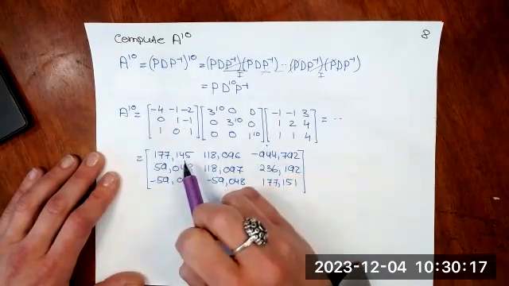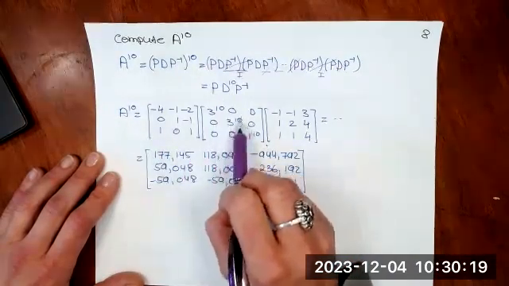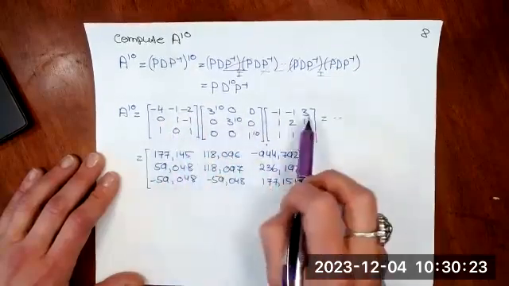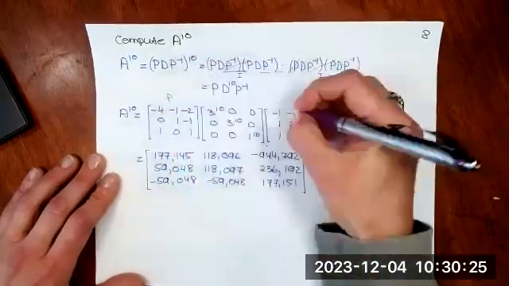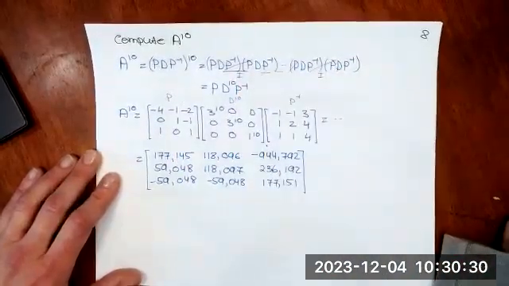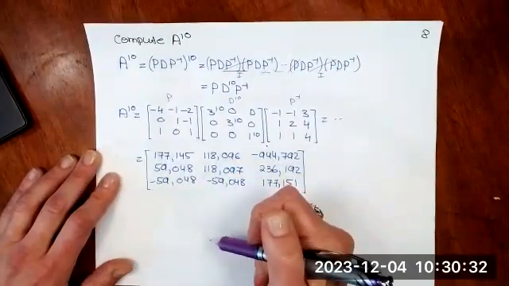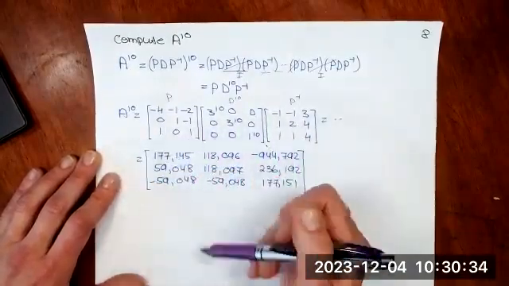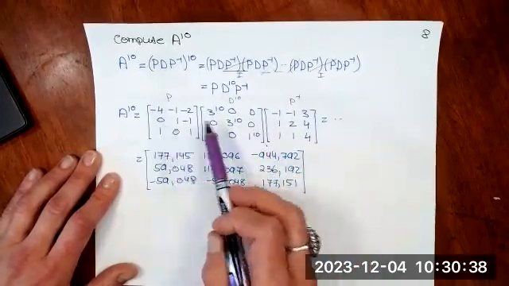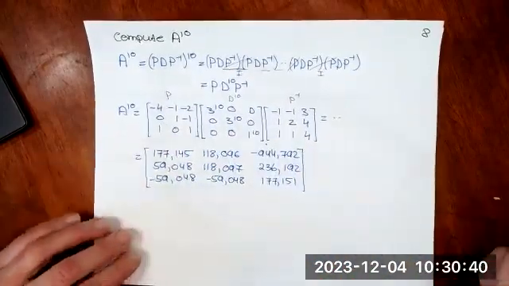So my D to the power 10 is 3 to the 10, 3 to the 10, 1 to the 10. And I already have my P and my P inverse. So I still have to compute a little bit, but it's basically done. You can compute 3 to the power 10 and then just do matrix multiplication.